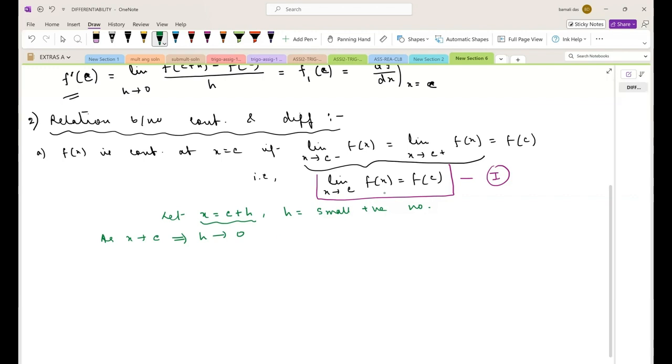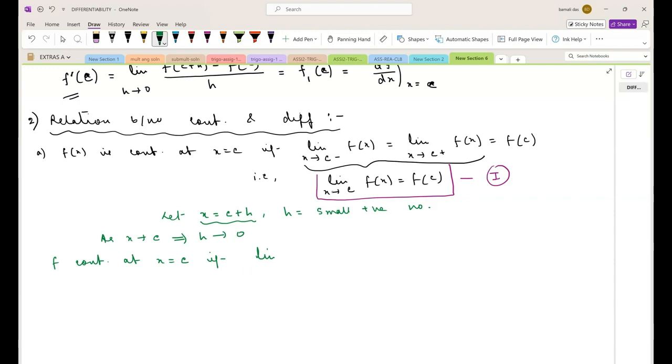So the alternative way of defining continuity, that is the alternative way of 1, will be that f is continuous at x equal to c if the limit, where I am changing the limit from x to h, as h approaches 0 of f(c plus h) equals f(c).